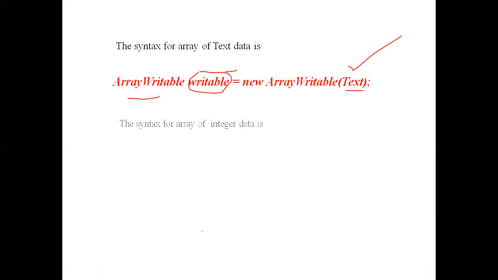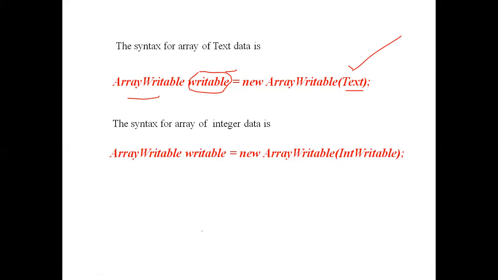Similarly, if you want to give integer data, see the syntax. Array writable is equal to new array writable of int writable. That means it will accept only int writable values. Okay, this one-dimensional writable array will accept only the integer values, because we have given the parameter as int writable.